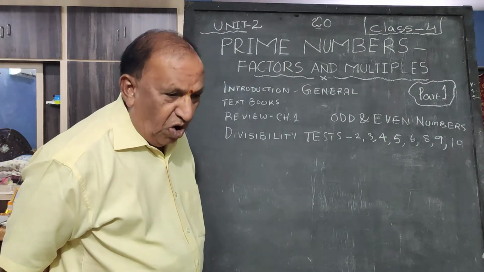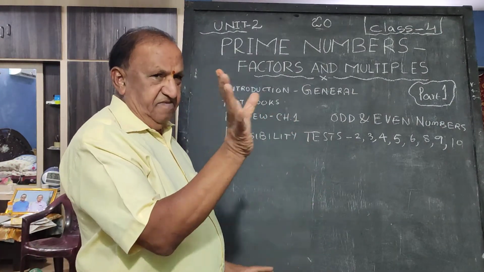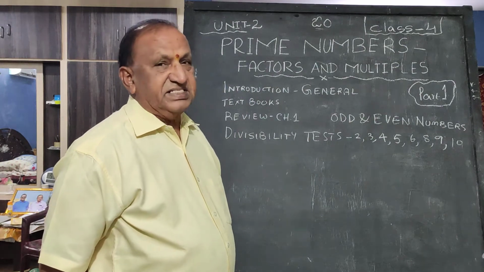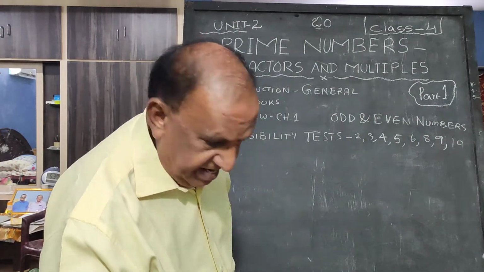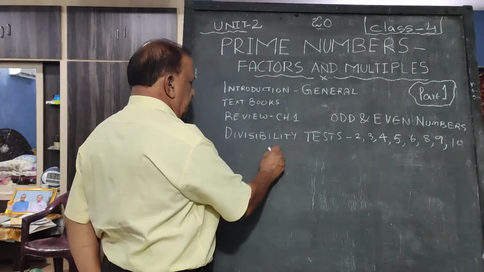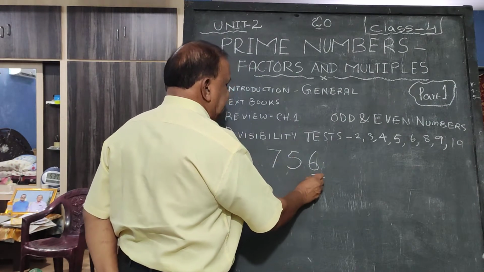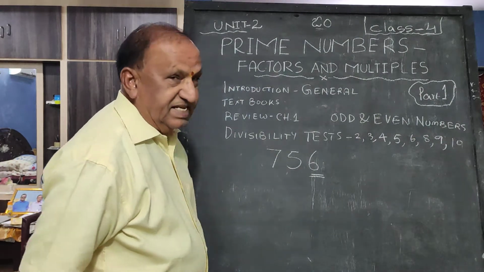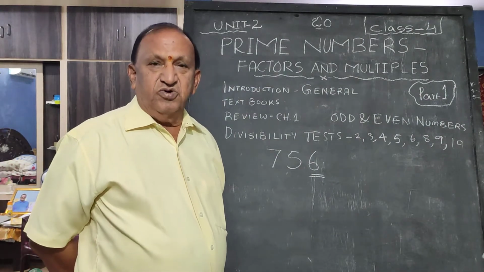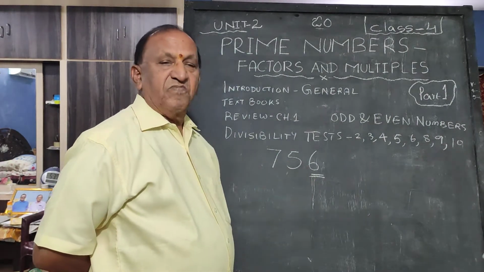Even numbers are those, when you take a number, let us say 756, the digit in the units place is 6.